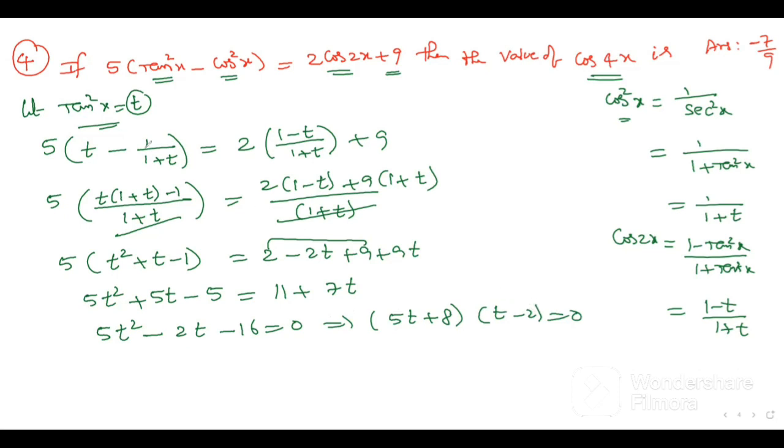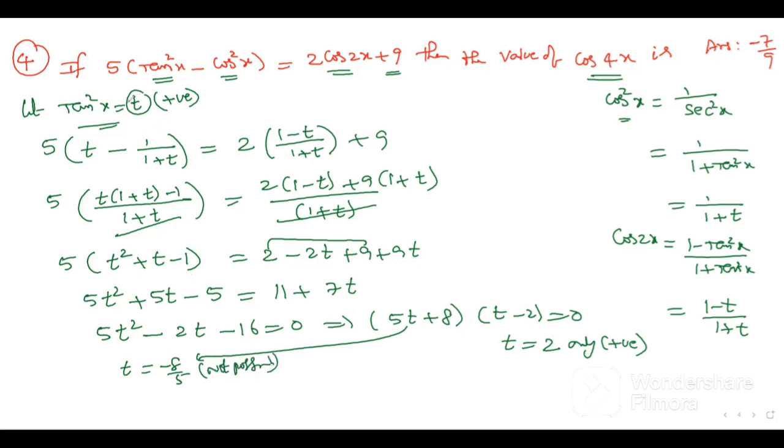But here tan square x is t, which means t is always positive. Why? Because it is a square function. So here we should take t is equal to 2 only, it is positive. One case is t is equal to minus 8 by 5. Okay, this is not possible. Why?